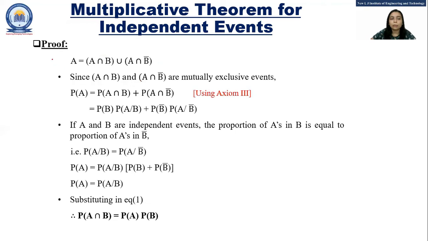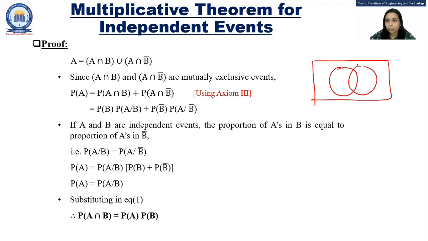Now moving to the proof of that theorem. From this Venn diagram, suppose this is event A and this is event B. This is A intersect B, and A intersect B union A intersect B bar is nothing but A. So we can write A = (A intersect B) union (A intersect B bar).